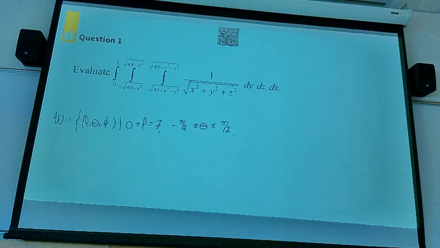Z is anything, positive or negative, and so our phi can range over its entire set, 0 to pi.